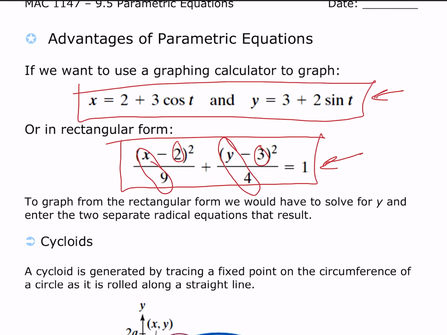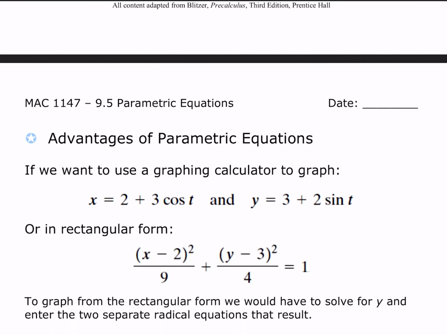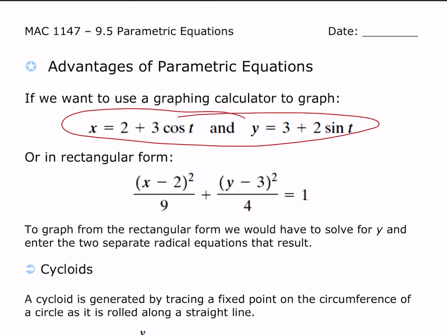What if you wanted to graph this equation on a graphing calculator? Is it possible? Sorry about that. Is it possible to type parametric equations into a graphing calculator? It depends on what graphing calculator you have, but in fact you can.